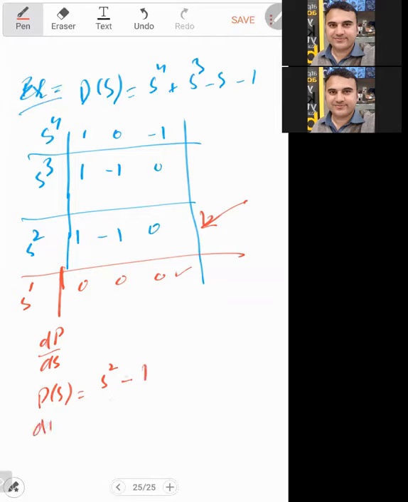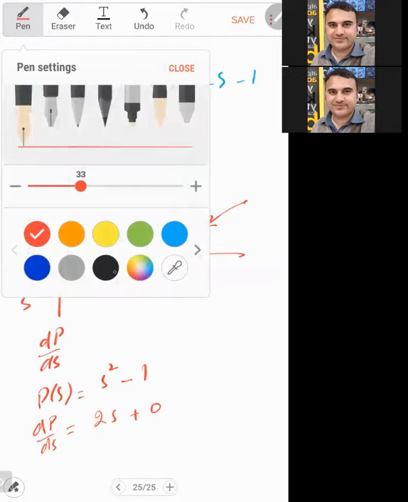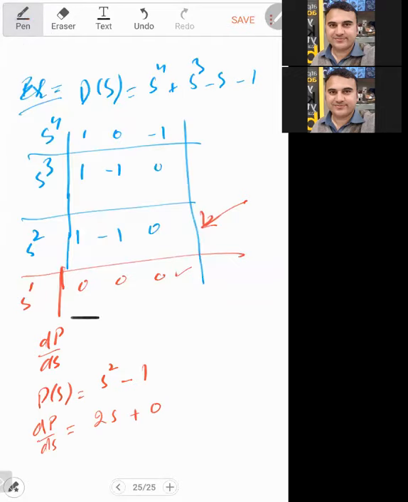And dP/ds will be equal to 2s + 0. So we now replace the coefficients of this row with this one. The new s^1 row becomes 2, 0, 0.